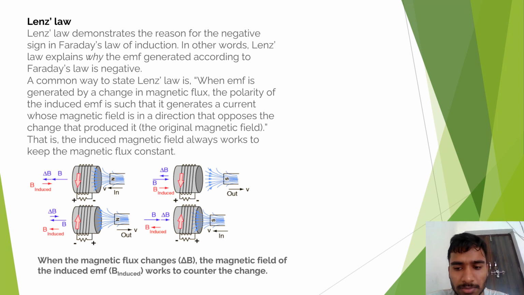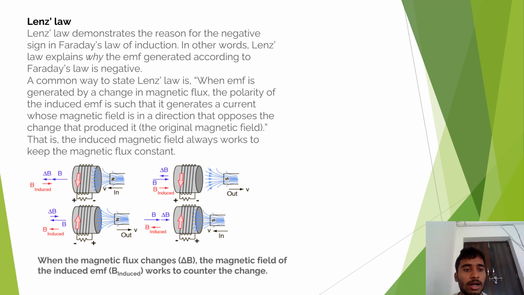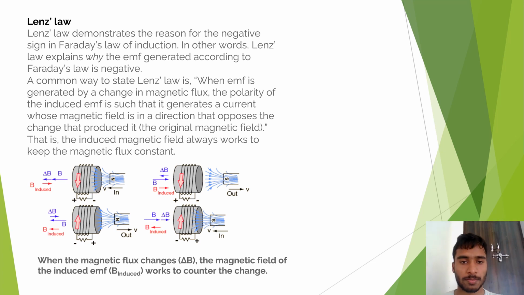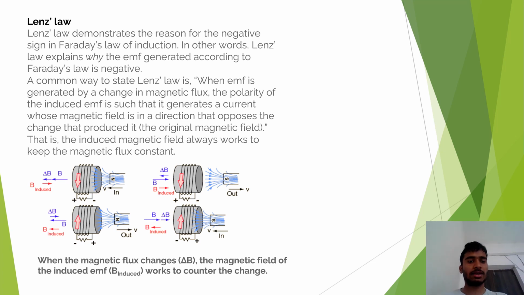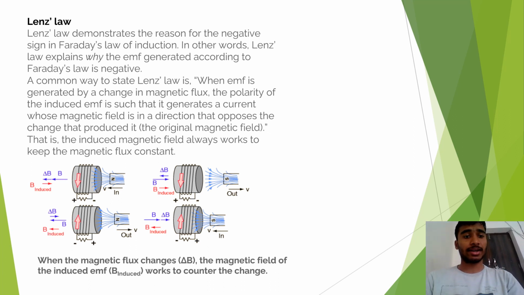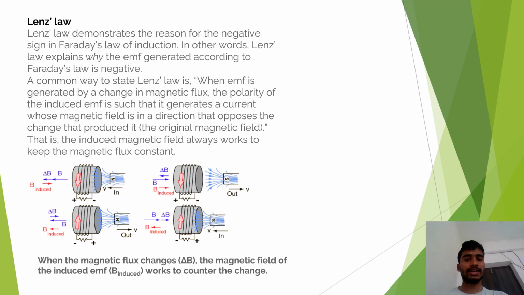What Lenz's law means is, when EMF is generated by a change in magnetic flux, the polarity of the induced EMF is such that it generates a current whose magnetic field is in a direction that opposes the change that produced it.